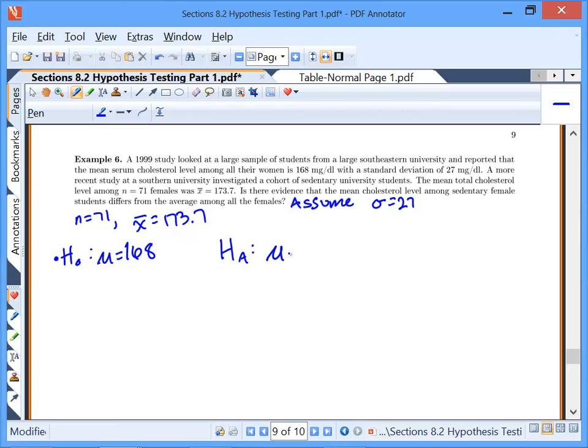What would the alternative be? That the mean is... did they come into this asking if it was less than or greater than, or already having something in their mind of which way they thought this would go? No, they just said different from, so I'm going to go with not equal to 168.